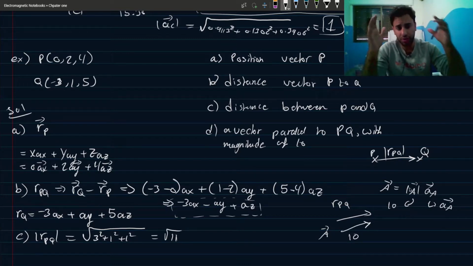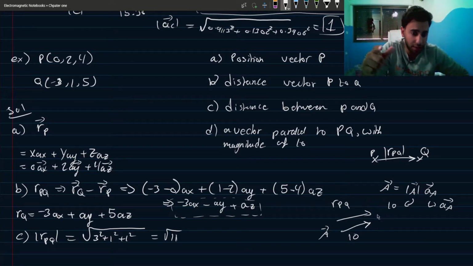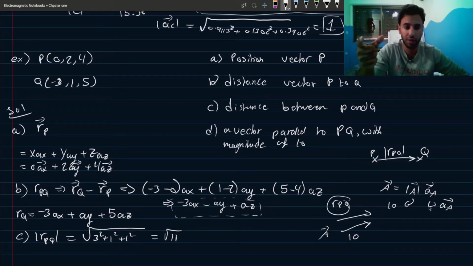And they want us to find the main vector. They want us to find this parallel vector. Because it is parallel, we know it has the same direction as this, and the direction translates to the unit vector. So if we find a_RPQ, it should be equal to a_A.